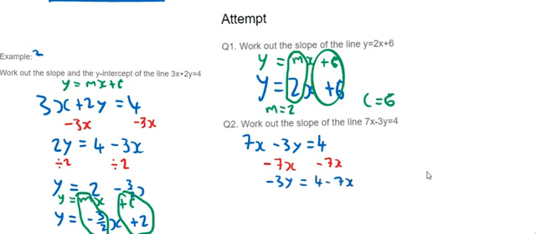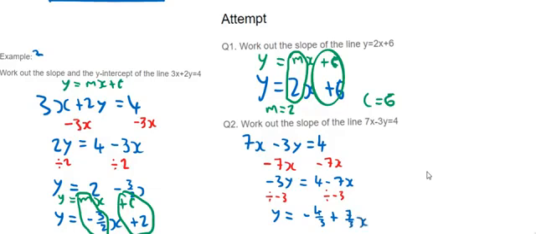Then to get y by itself, I need to divide by minus 3. By dividing by minus 3, I get y on the left hand side, which I want, equals minus 4 over 3 plus 7 over 3x, because a minus divided by a minus is a plus.